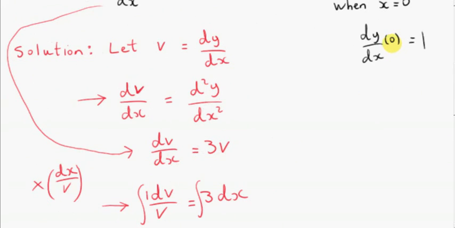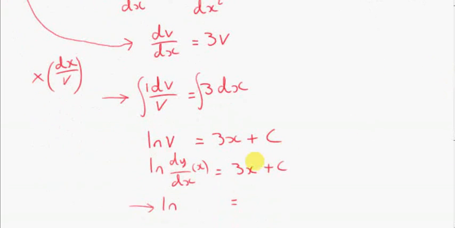So we plug 0 in for x and we set dy dx equal to 1. So basically what we're doing here is we're getting dy dx at x equals 0, which we are given as 1.